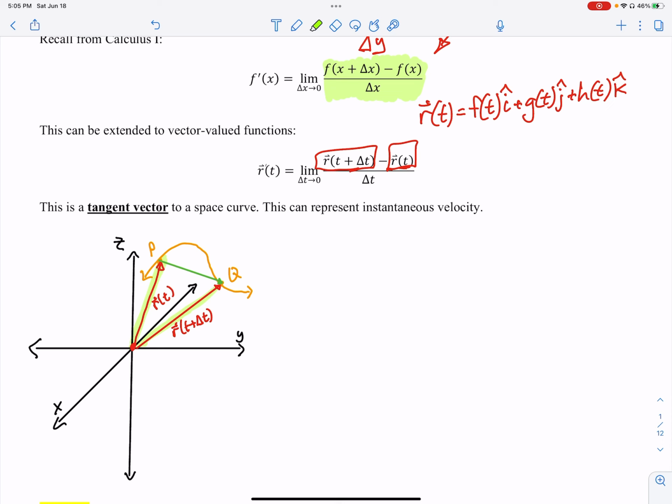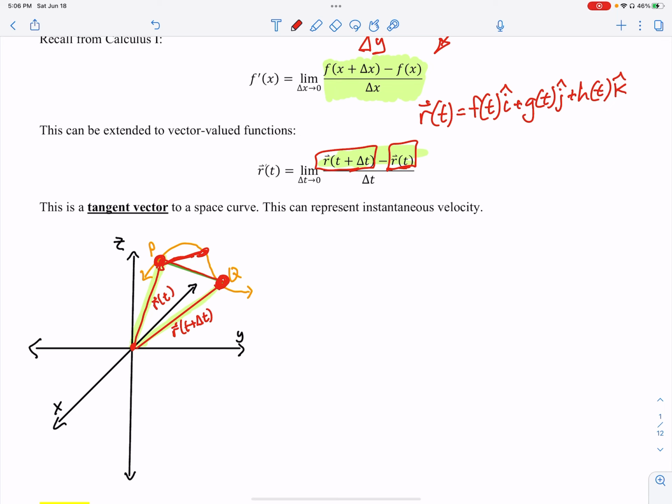Now, what we were doing up here is taking the difference, and hopefully you remember from chapter 11 that when I take the difference of two vectors, I get a vector between them. What's going to happen as these 2 points get closer is that this vector is going to start coming in closer.